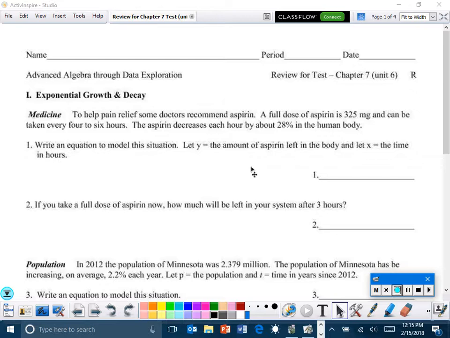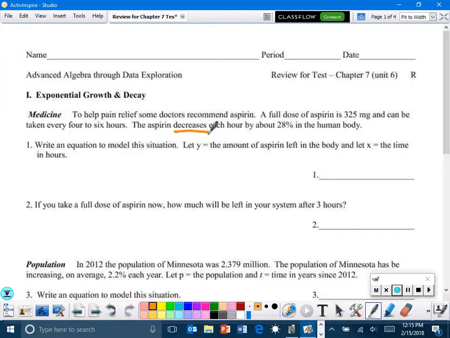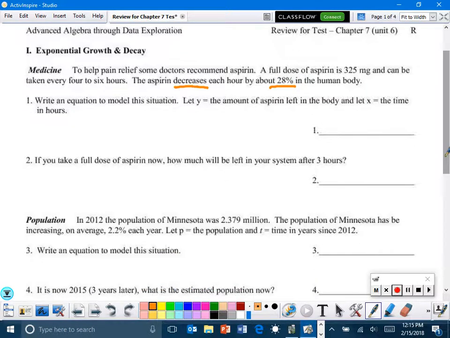The aspirin decreases each hour by 28% in the human body. So remember, the first thing we need to do is change the percent to a decimal. So 28% is 0.28. It says let y be the amount of aspirin left in the body and let x be the time in hours.